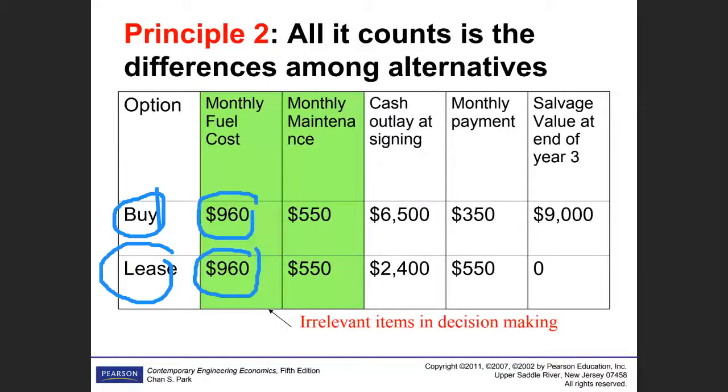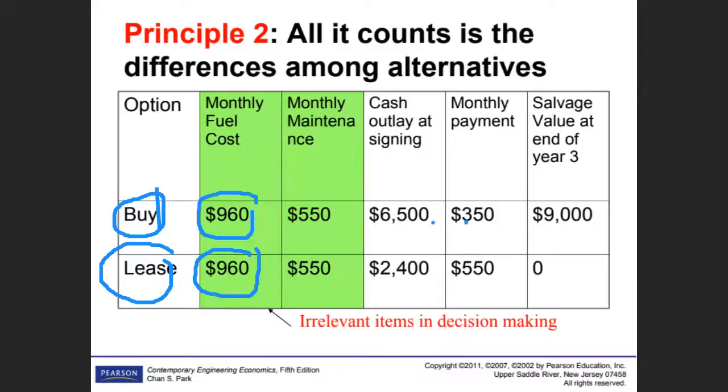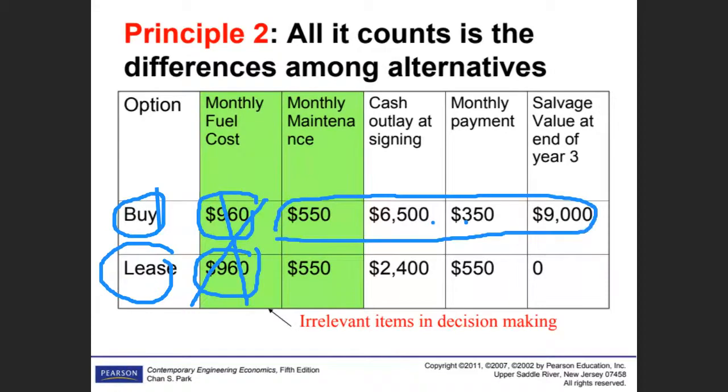In both situations, other information are different. You can see here there is different information, initial cost, whatever it is. So your decision should not be based on these numbers. Remember, it should be based on whatever differs between this scenario and this scenario, because monthly fuel cost is not relevant in our decision making process.